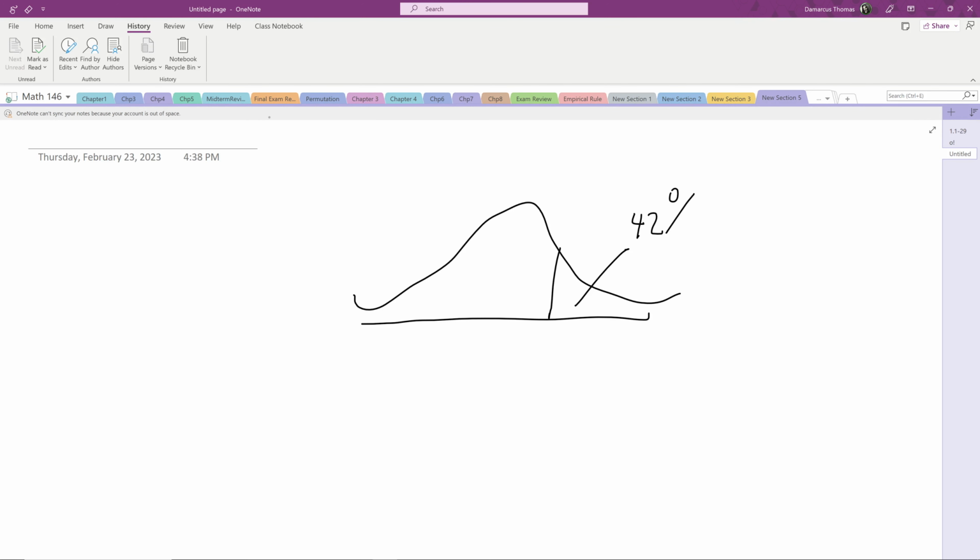So the area to the left is 100% minus 42. That's what we mean, 1 minus 0.42. That would be 58. The remaining portion is 58%, because together they make 100. So that could do it right there.